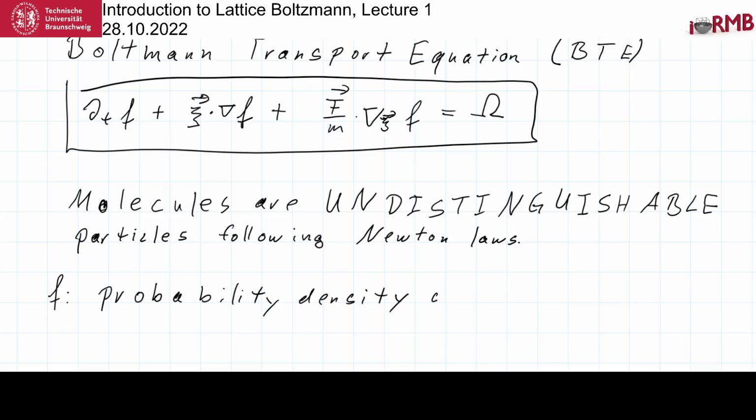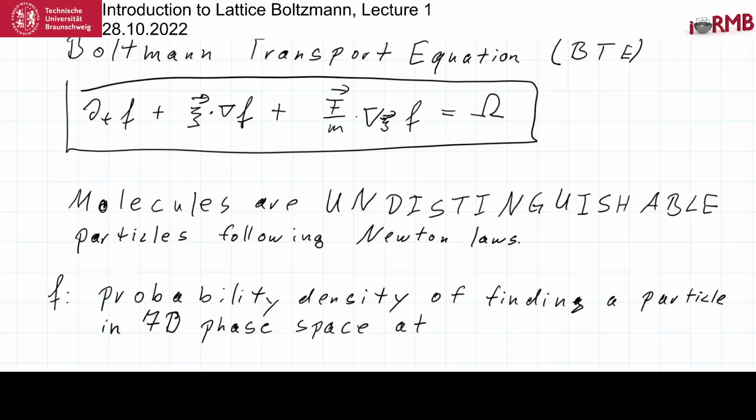This is the probability density of finding a particle in, unfortunately, a seven-dimensional phase space, as it is called.